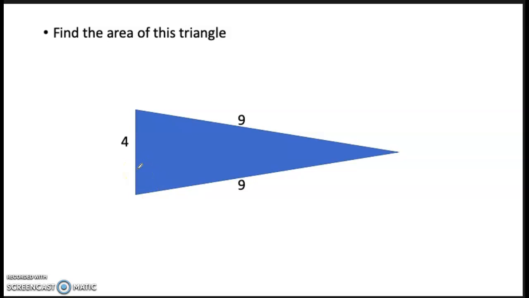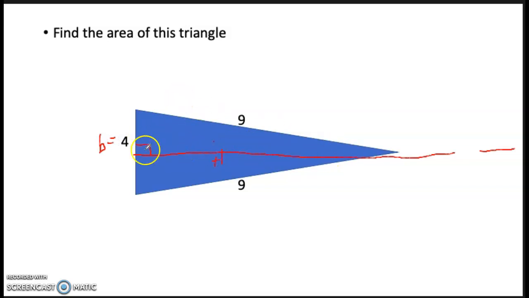Let's try this triangle. It's isosceles. If we turned it back upright again and called this 4 the base, then we could find the height by bisecting that isosceles triangle. So if we bisect it, this is a right angle, and I can find if this is the height and this is the base.